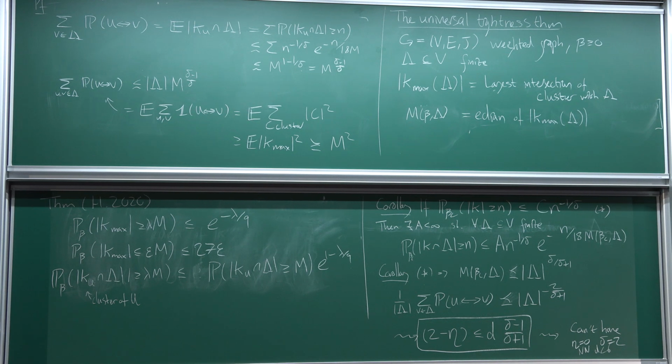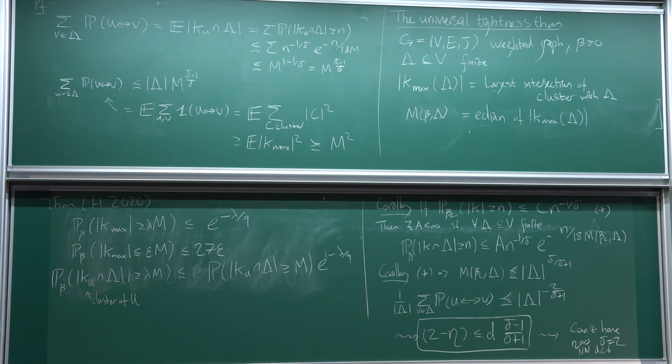And I think this proof is actually quite easy. It's a purely combinatorial proof in some sense, and it can be used to prove many other similar statements about other quantities.